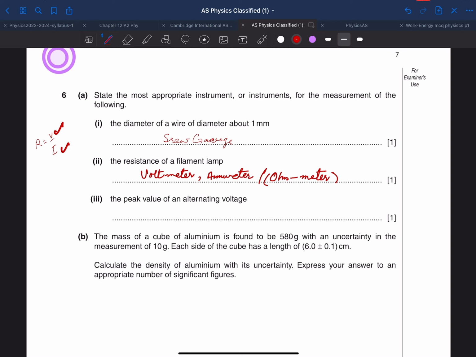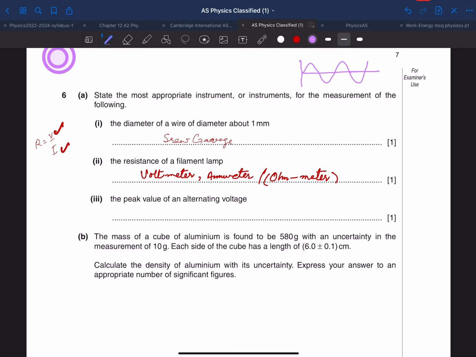The peak value of an alternating voltage. Here actually we have not studied alternating voltage in detail, but you know that the current which changes its direction continuously is the alternating current.